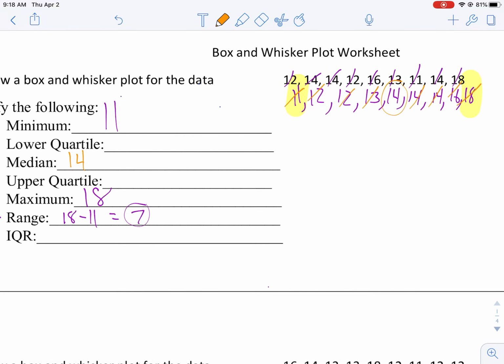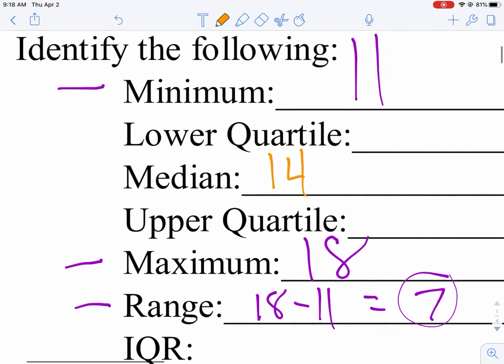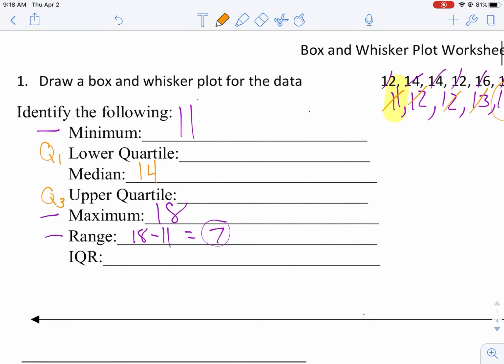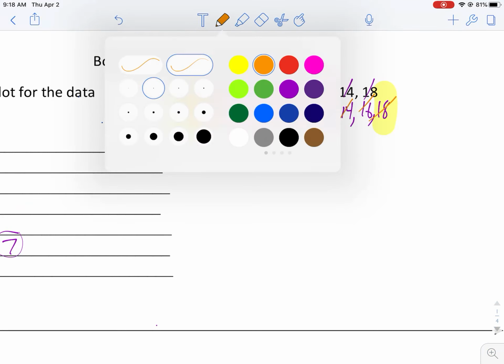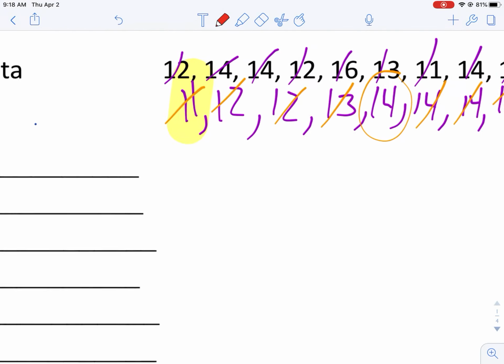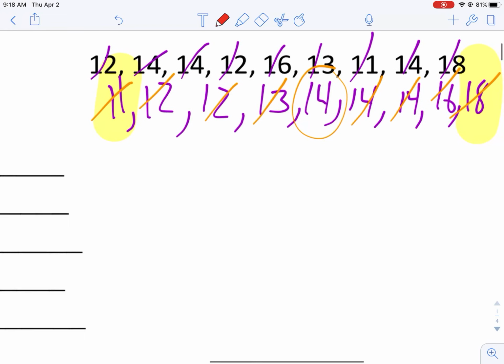Now I'm going to find my lower quartile. So we also call this Q1. This is Q3. All right. So what I'm going to do is cross off here to here, here to here, there to here. Oh, whoops, I messed up.